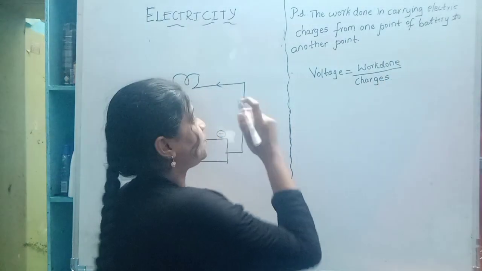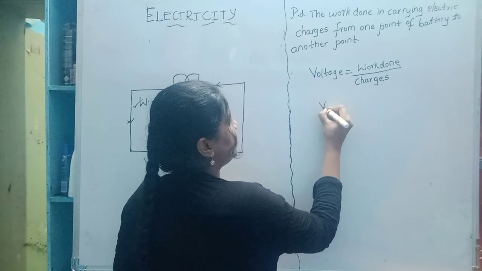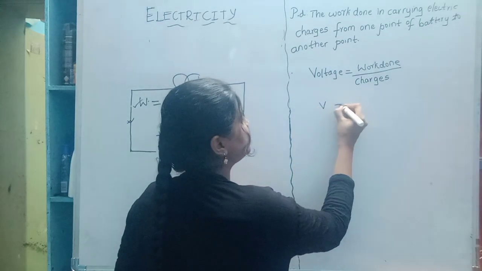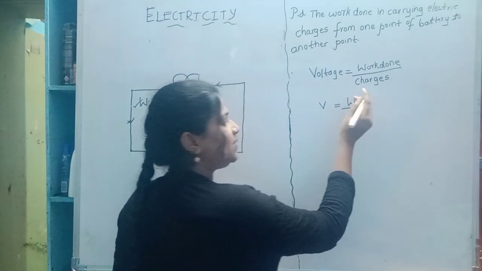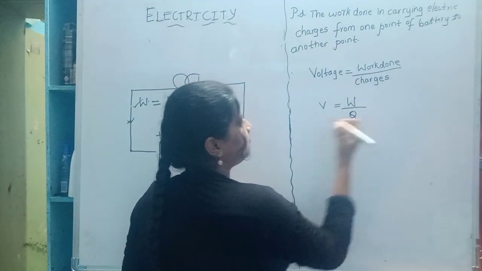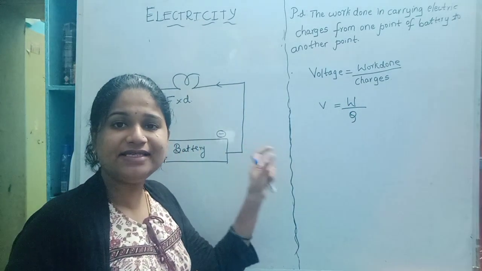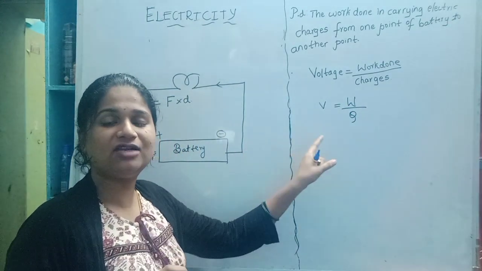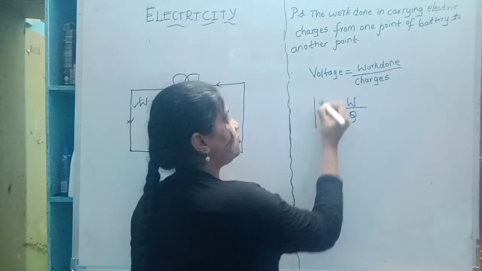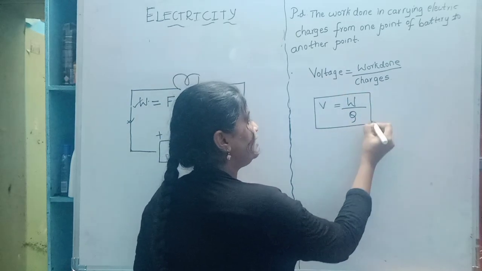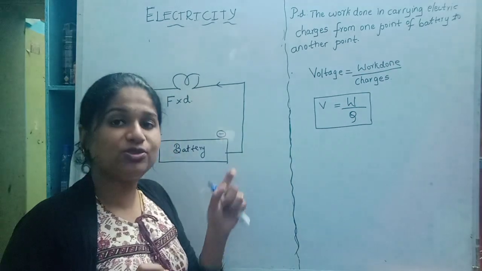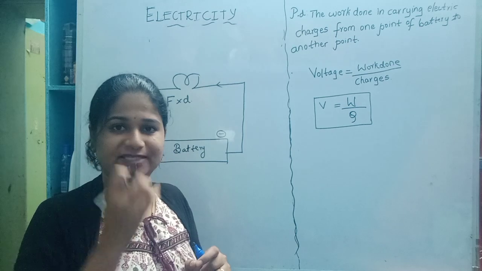Voltage is represented by capital V, which is equal to capital W, the work done, divided by Q, the charge. So this is the formula to find the potential difference. V is potential difference or the voltage, W is work done, and Q is the charge.